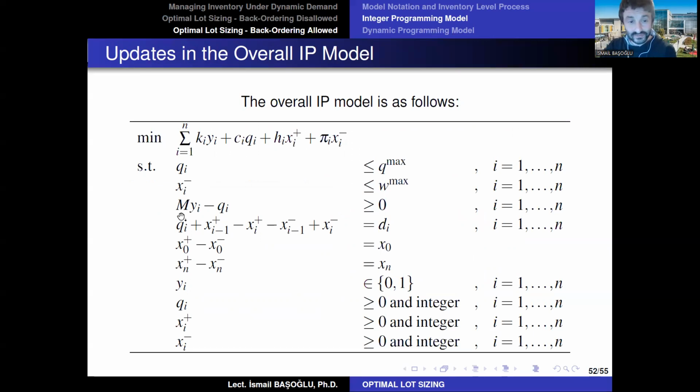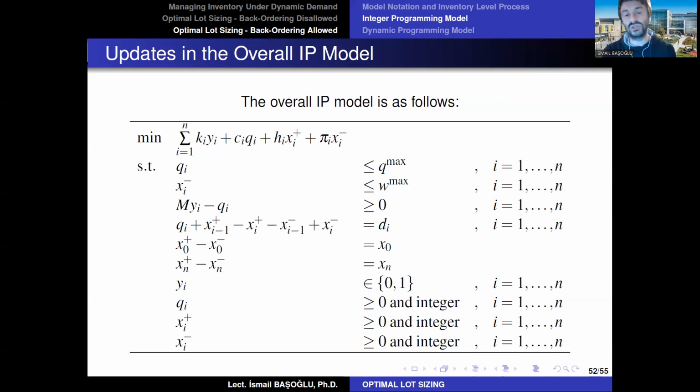Okay. So this means the production quantity or the order quantity in the ith period plus the ending positive inventory level in the previous period minus the positive inventory level of this period, minus the ending backordered amount in the end of the previous period plus the ending backordering amount in this period.